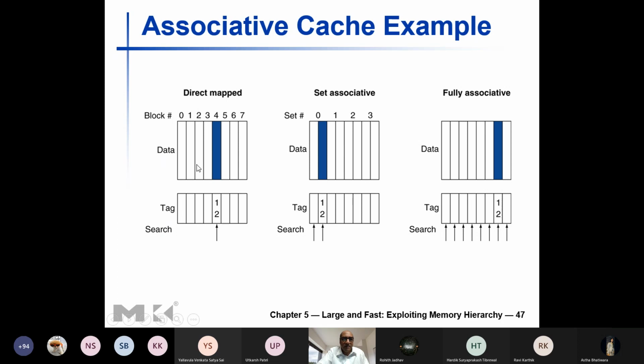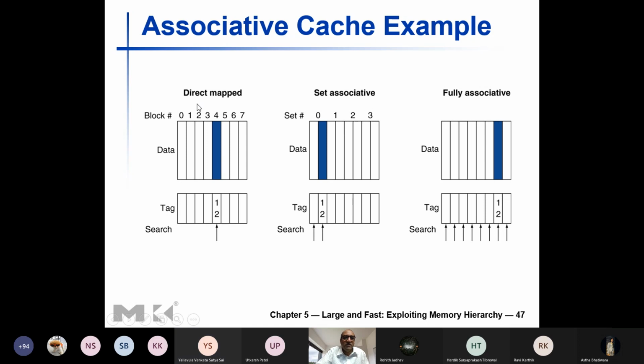In the case of a direct mapped cache, the cache is organized in the form of data followed by a tag and a valid bit, right? Try to recollect the example we discussed earlier.